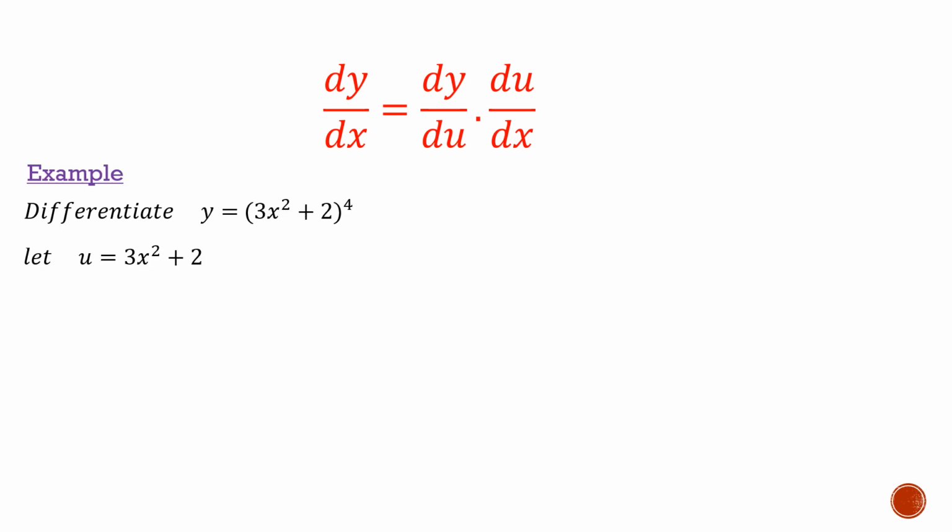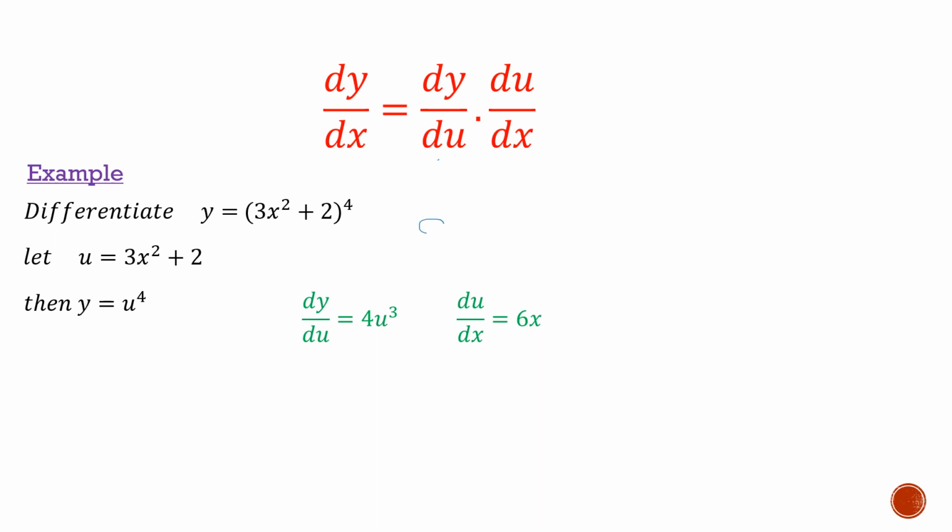So we had to differentiate it. We have assumed u, so now I am going to find dy over du. So dy over du is what? First of all, dy over du, I got 4u cubed. So I wrote this 4 here and then I reduced the power by 1, so I got 4 times u to the power 3. And then I am differentiating u.